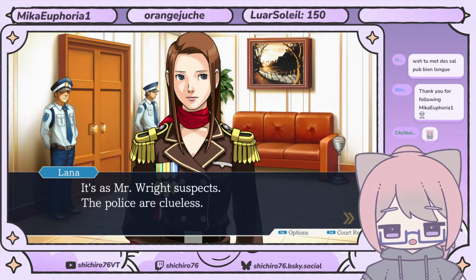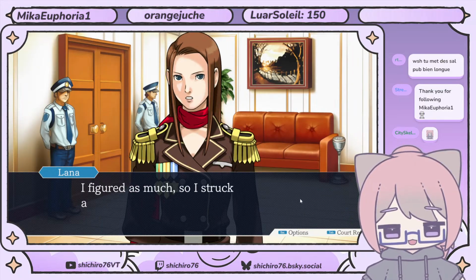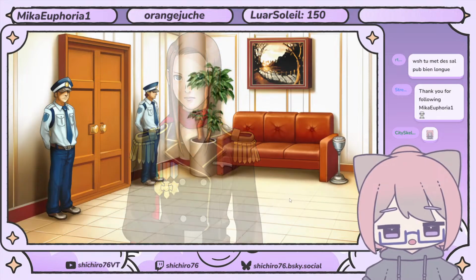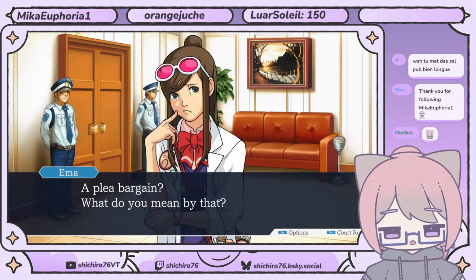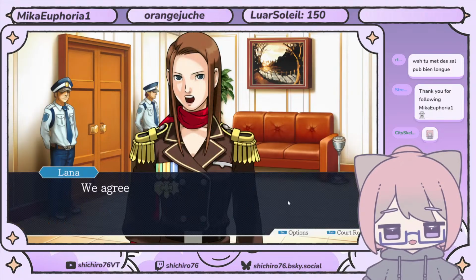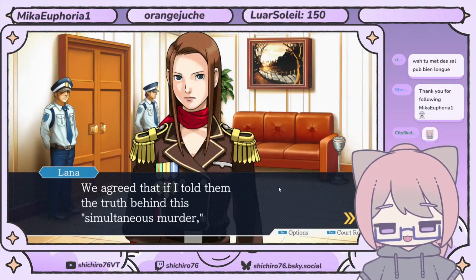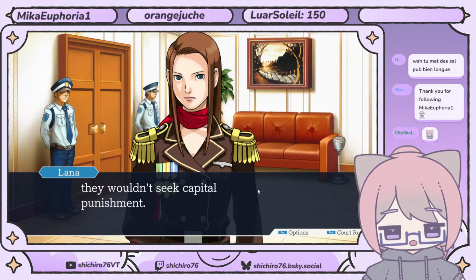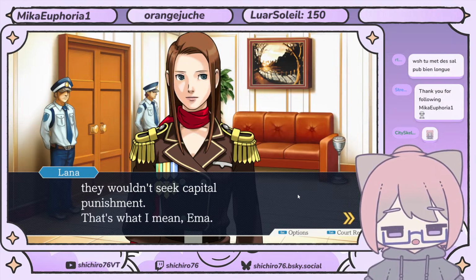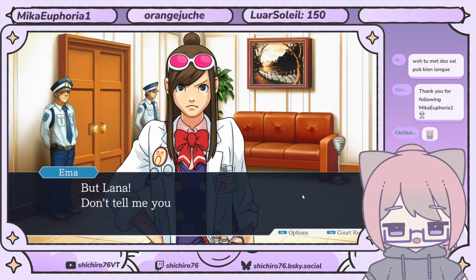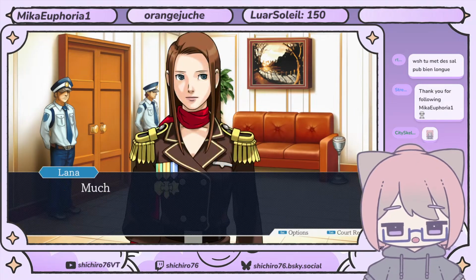As Mr. Wright suspects, the police are clueless. Fears as much, so I struck a plea bargain. A plea bargain? What do you mean by that? We agreed that if I told them the truth behind this simultaneous murder, they wouldn't seek capital punishment. That's what I mean, Emma. But Lana, don't tell me you.